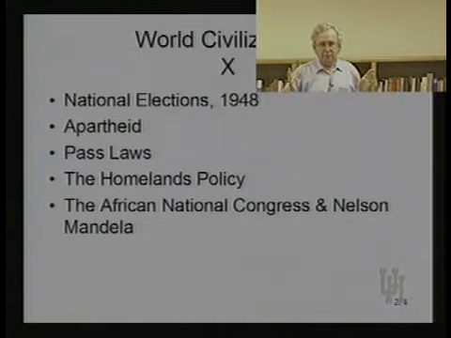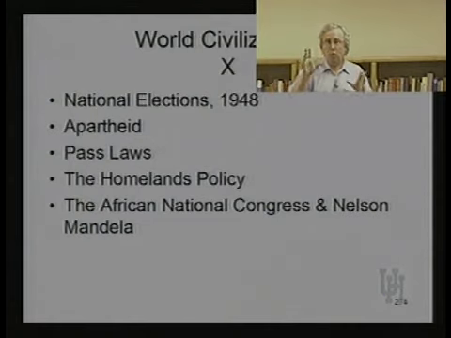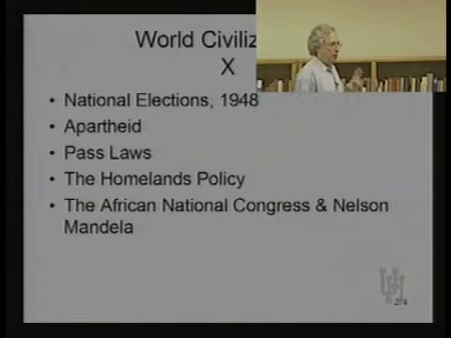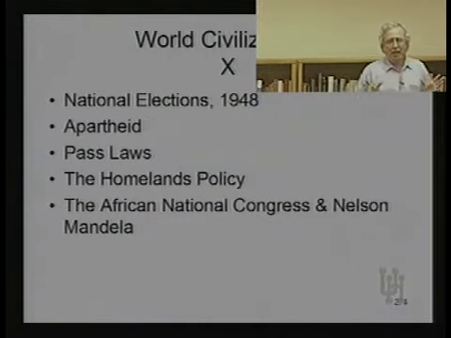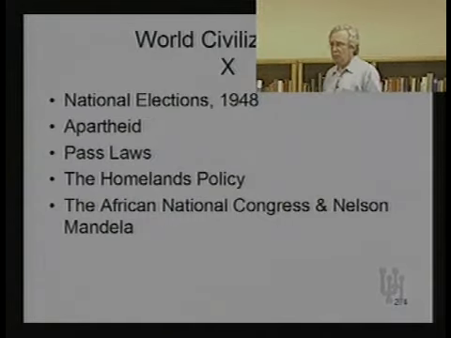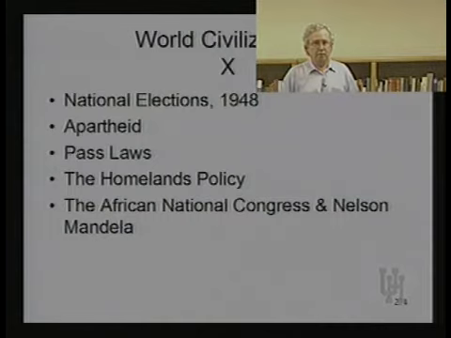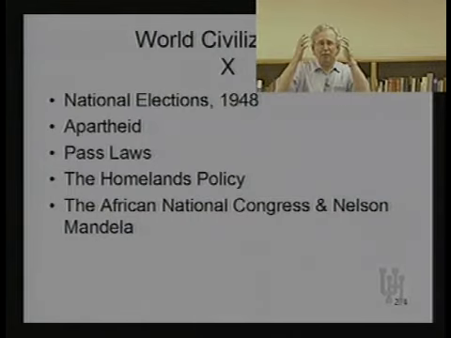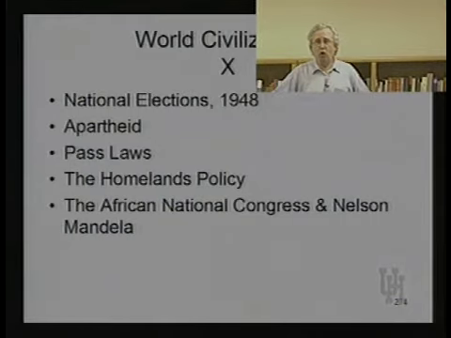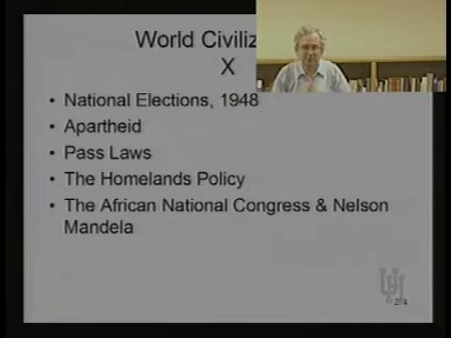This policy set as a goal returning all Africans to their homelands, meaning that throughout South Africa there were various regions which had once been controlled by specific tribal groups. And it was now the announced goal of the South African government to move all Africans back into those homelands.